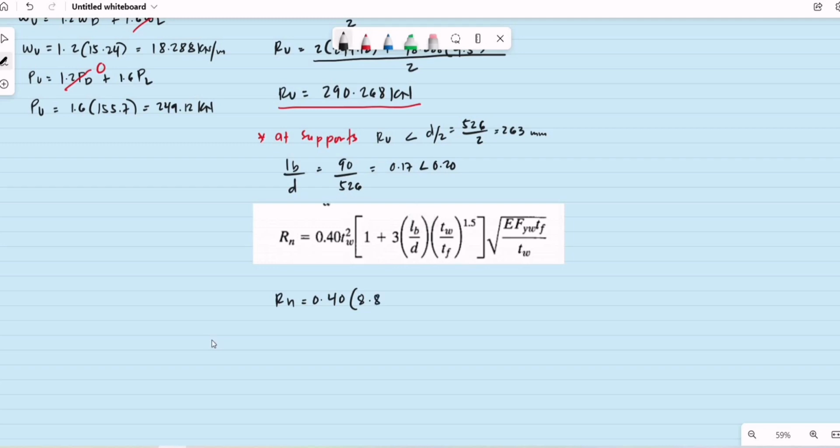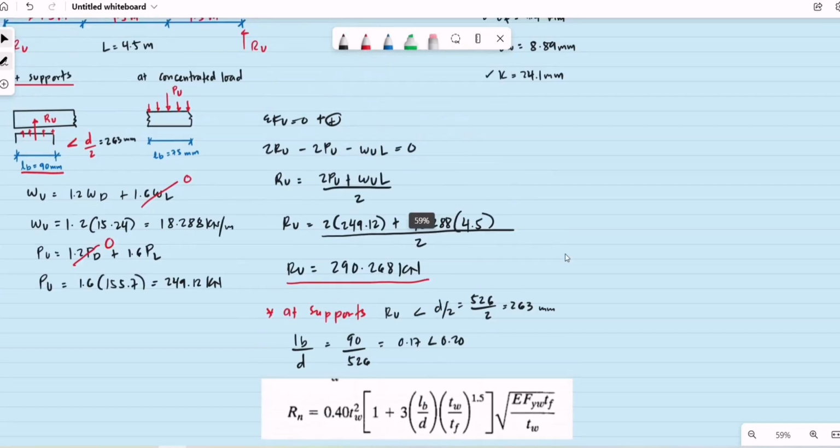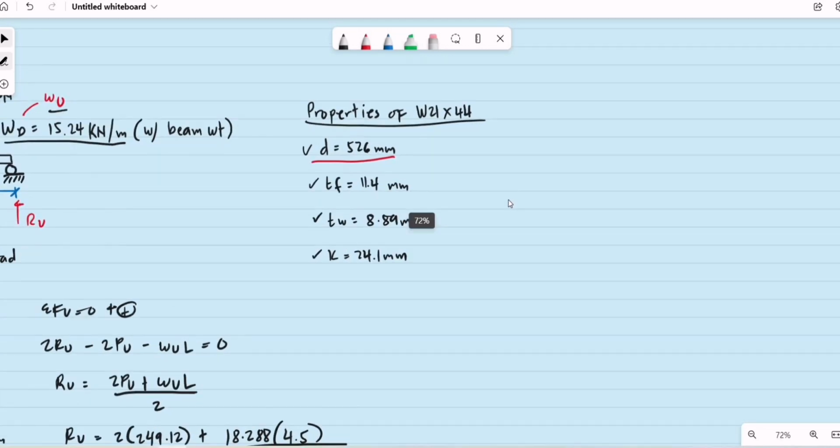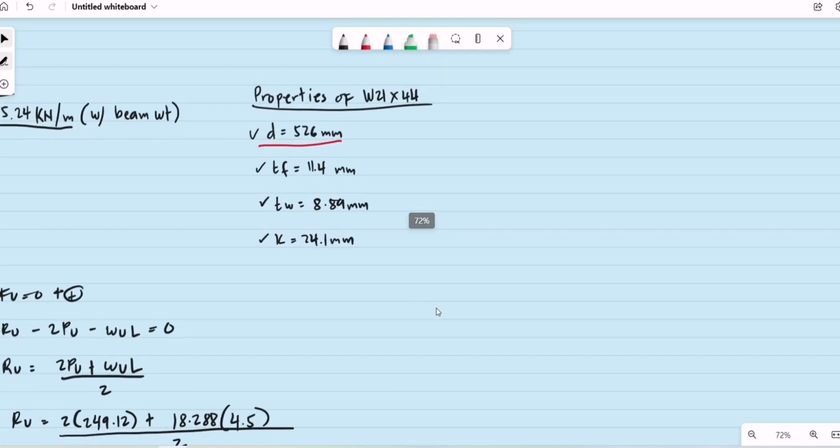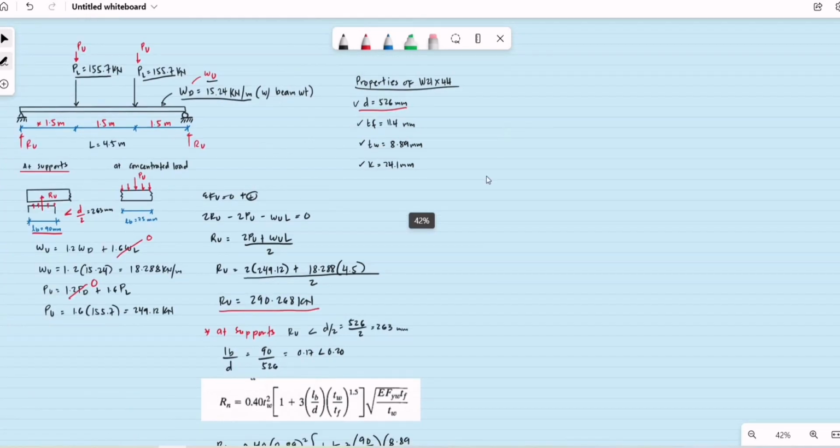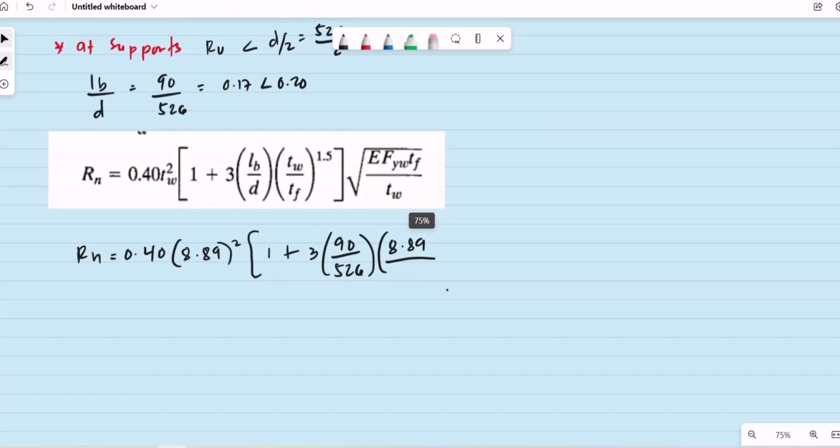This is 8.89 squared, then multiplied by 1 plus 3, L sub b equal to 90, the total depth of the section 526, then the thickness of the web again 8.89, over the thickness of the flange, which for W21 by 44 is 11.4 mm, raised to 1.5.